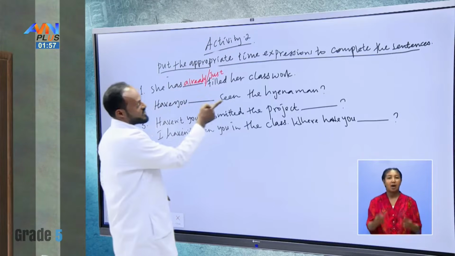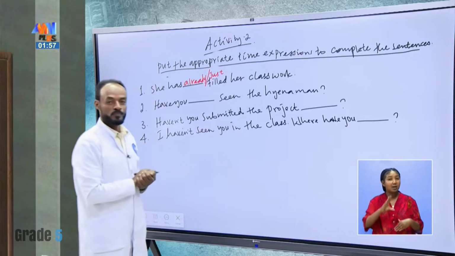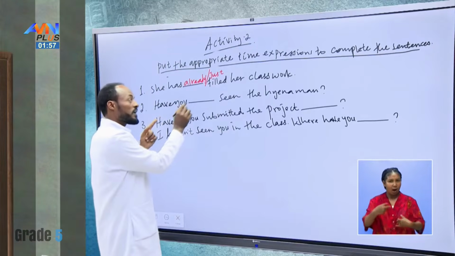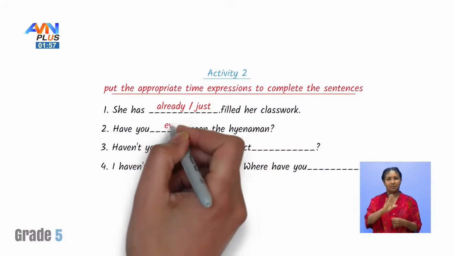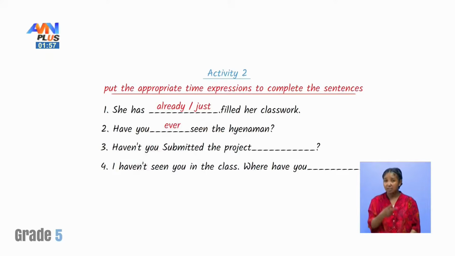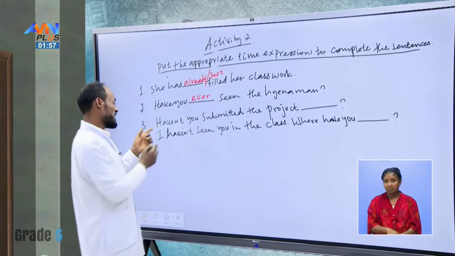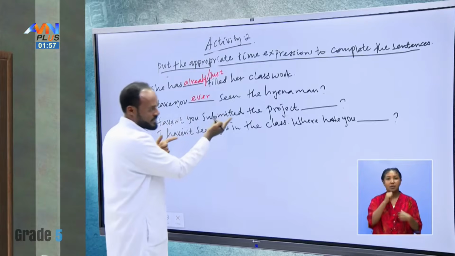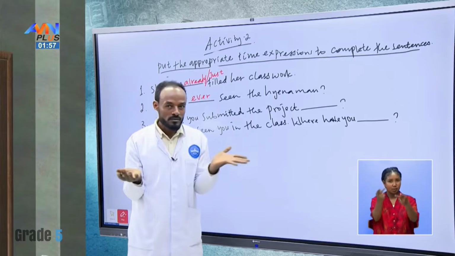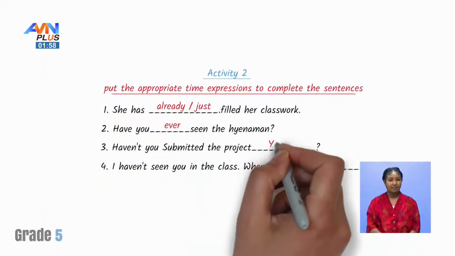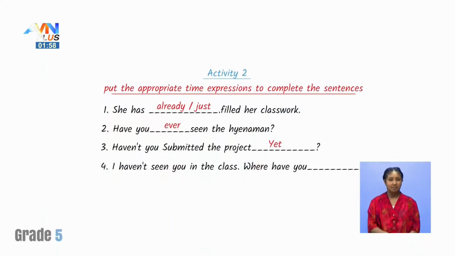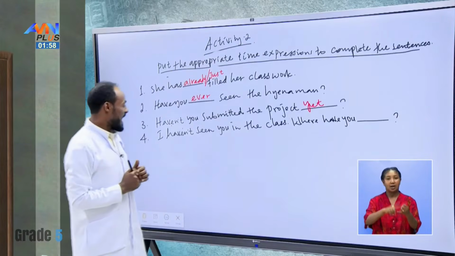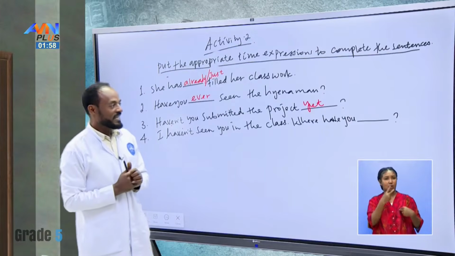Have you seen the Heinemann? Have you ever seen the Heinemann? It's possible. Nice. Haven't you submitted the project yet? Yet. The last one. I haven't seen you in the class.